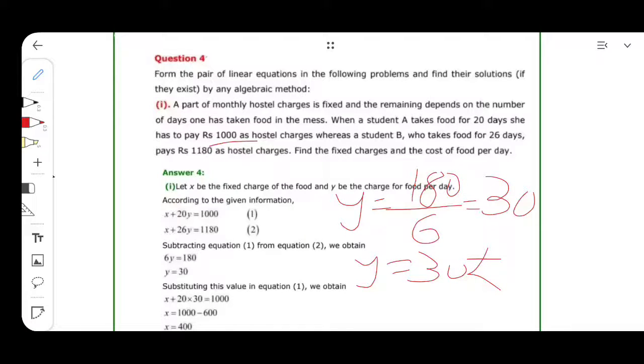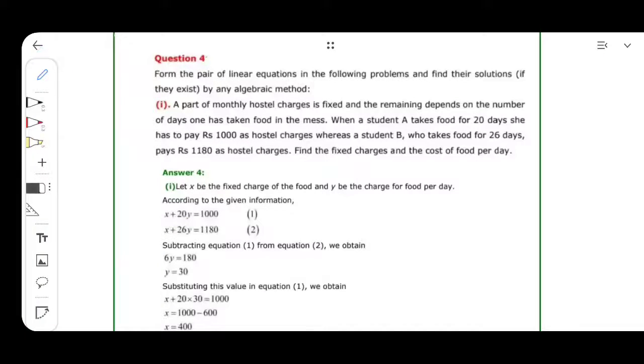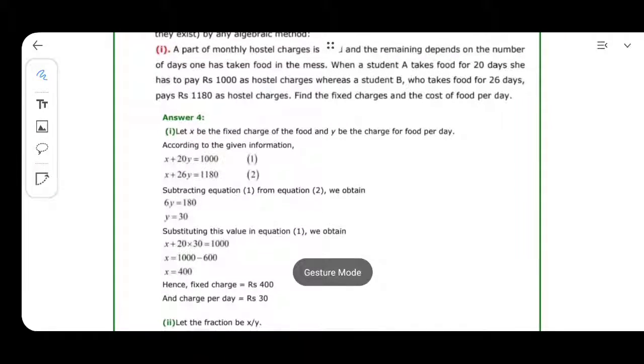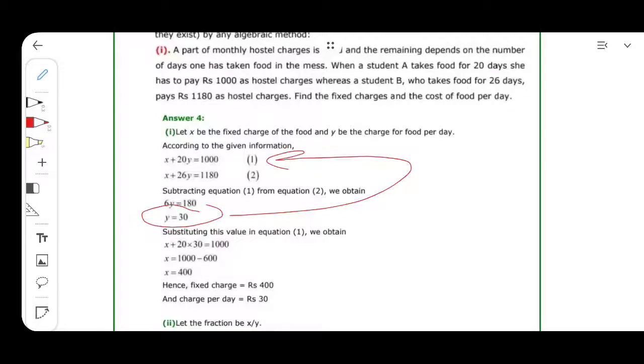Clear? Now we will put this value of y in equation number first, so we'll get the value of x. Let's see how to calculate. As you can see, we calculated the value of y, that is 30 rupees, and we are going to replace this in equation number first.